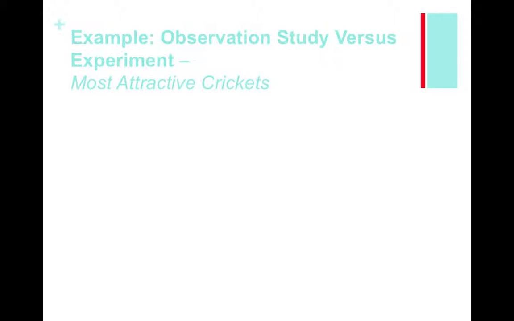Okay. Just to quickly review, not that it's a difficult concept to understand, what is the difference between an observational study and an experiment? Consider trying to figure out if there is a way that crickets choose their mates.